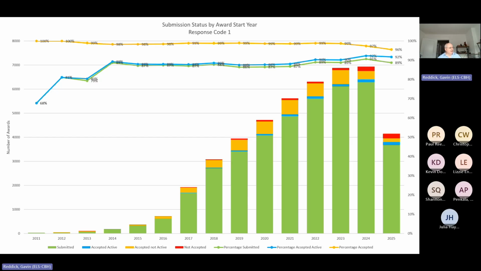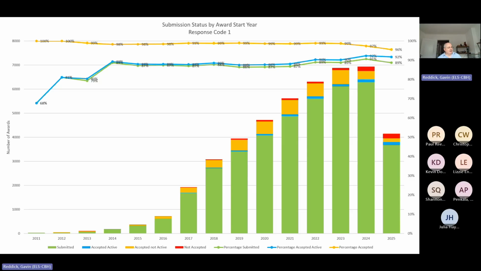So at this point in time, across Research5sh as a whole, for response code 1 awards, for each of those award start years, it's typically looking currently as a submission rate of about 90%, a little bit below for some years, a little bit above in other years. But broadly speaking, that's where we are.